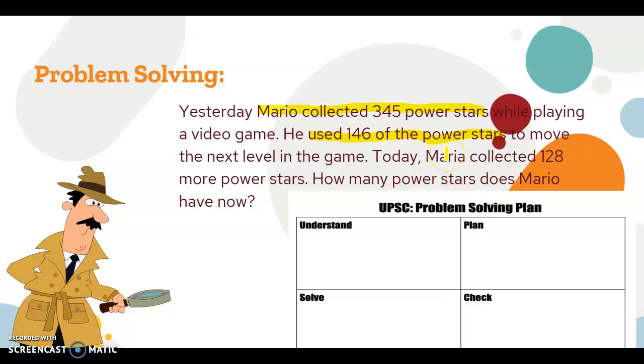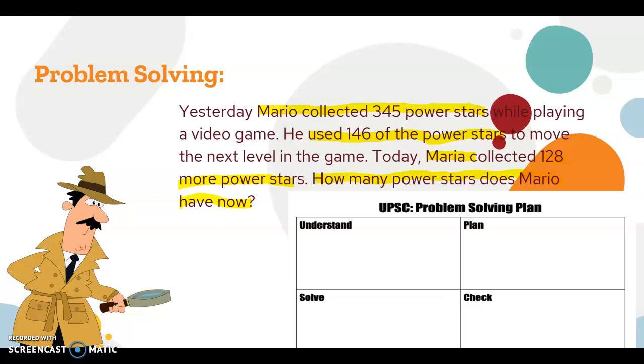And today he has 128 more stars. How many stars does Mario have now? So we're trying to see what does he have now, because he started with a certain amount, he used some, and then he added some more. Okay? So what do we understand?